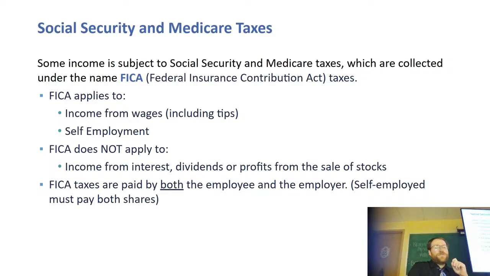It does not apply from interest, dividends, or profits from stocks. And both the employee and the employer pay FICA taxes. So basically, you pay some out of your pay, and your employer is going to contribute to that too on their end.